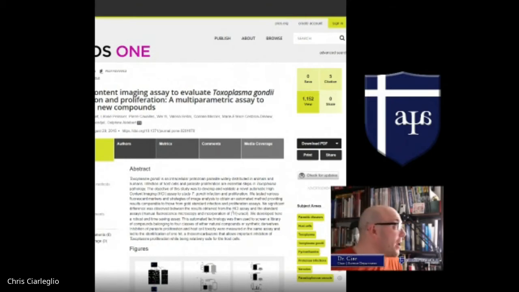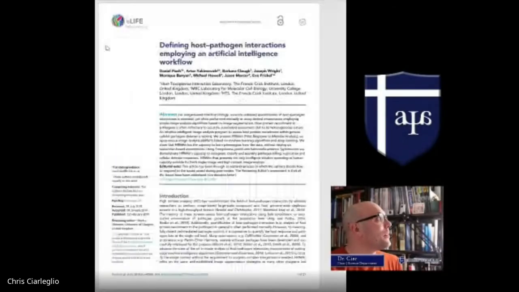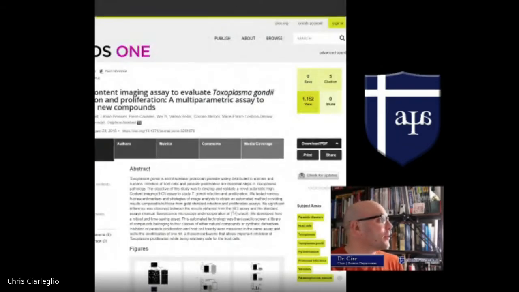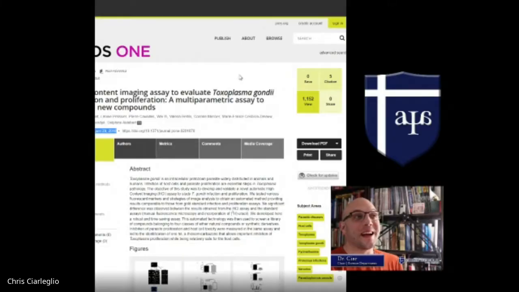Look, so this paper was published in February 2019. The review says this is not novel because of methods described in Toquette et al. 2018. You go to that paper and look when it was published, August 2018. What do you think happened?